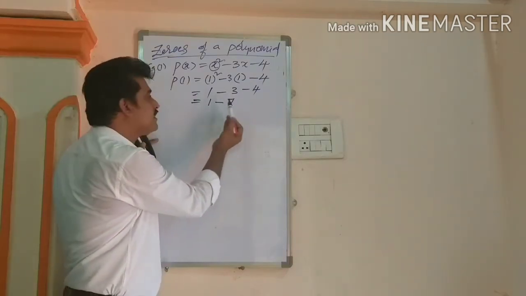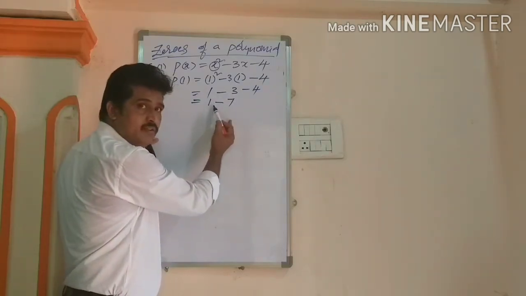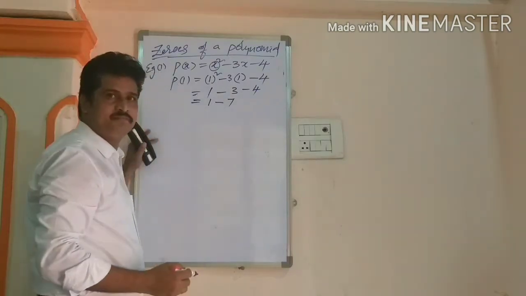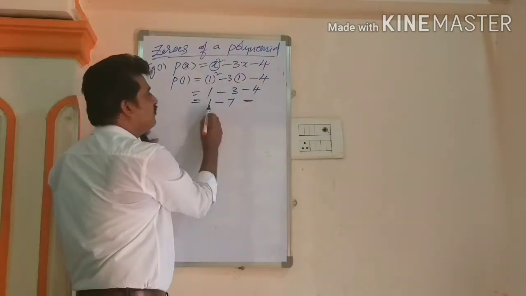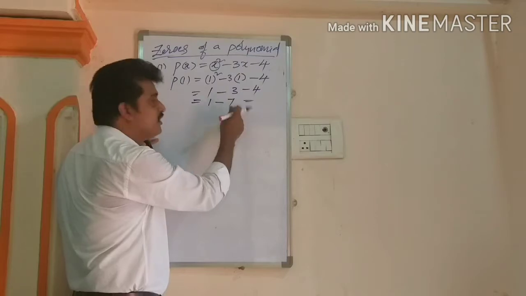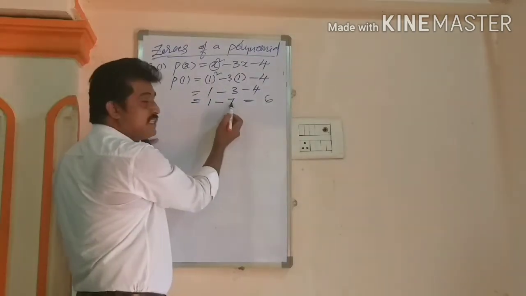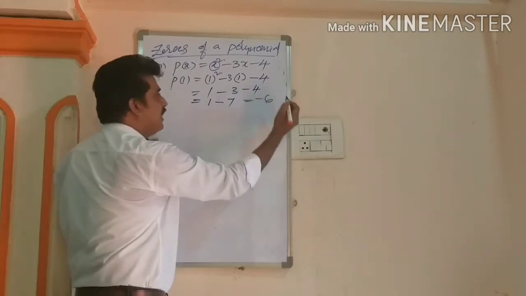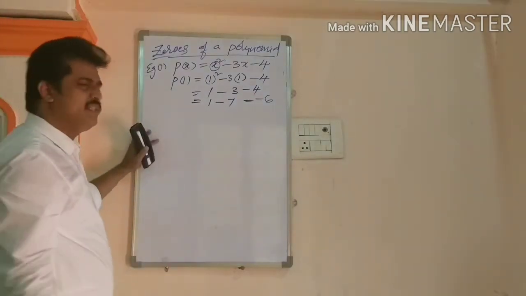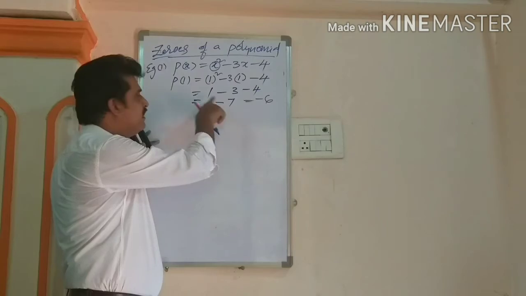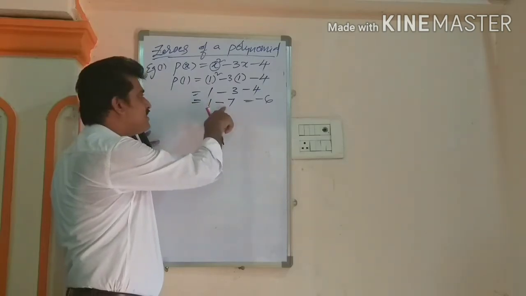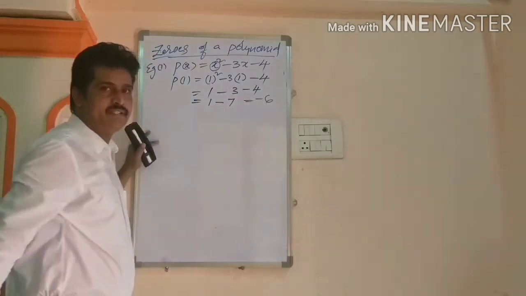But we can subtract 1 from 7. So, 1 from 7. 7 minus 1, that is 6. But the 7 is having negative symbol, that is why minus 6. Simply we can say this is minus 7 and this is plus 1. Minus 7 and plus 1, that is minus 6.